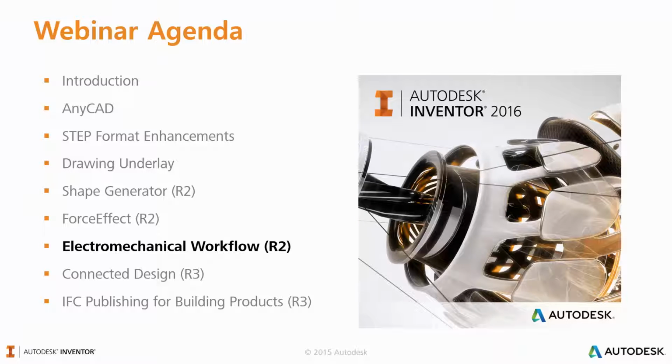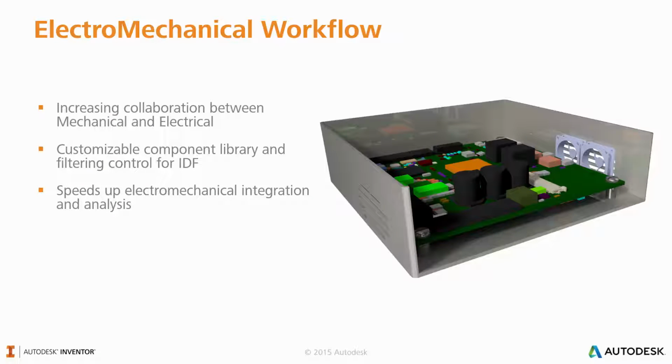Okay, so let's have a look at the electromechanical workflow addition to the R2 release. Now, this is not to be confused with electrical functionality or the electrical mechanical workflow, as in cables and harnessing. Though there were some improvements to that in the 2016 release, the R2 release had new functionality that was specific to electronic mechanical workflow.